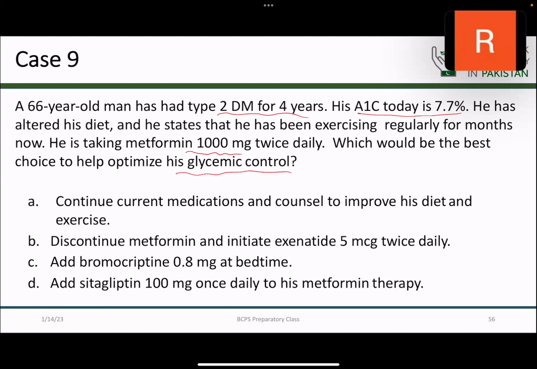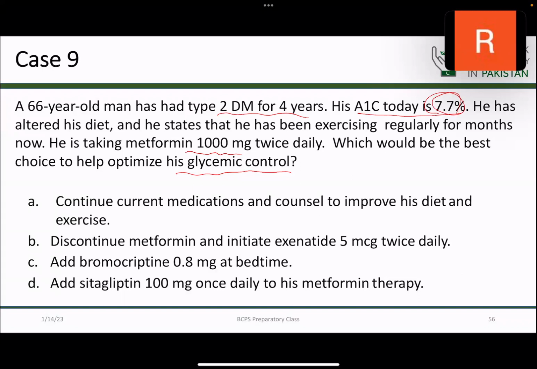He has not been able to achieve glycemic control, so we have to add another agent.